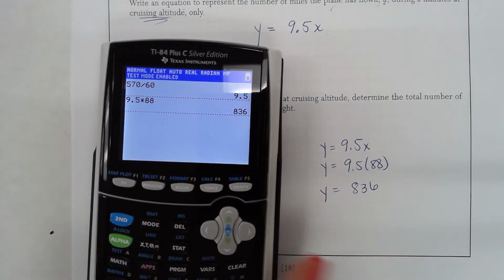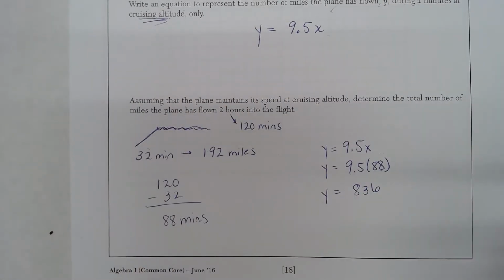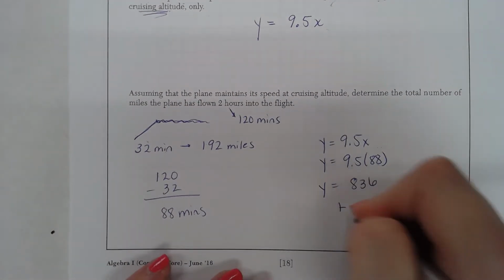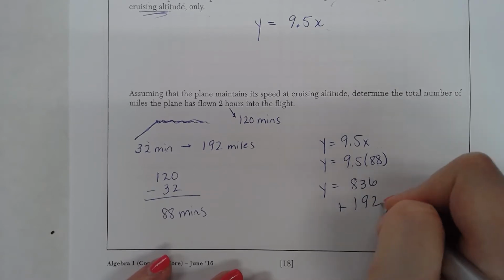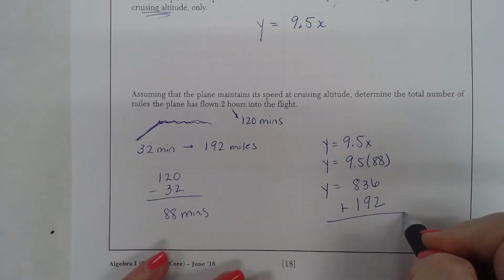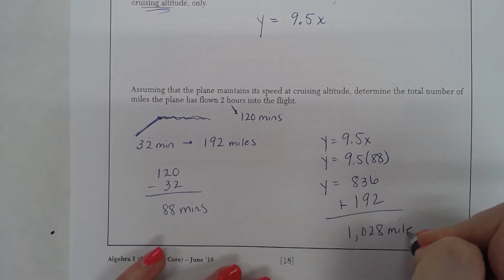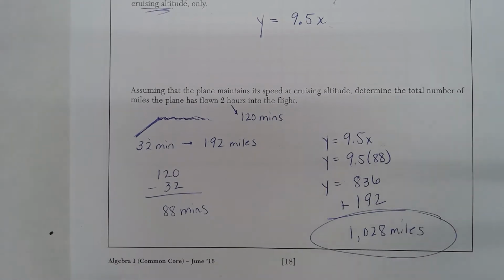Now remember, that's how many miles I went at cruising altitude. I have to add to that the 192 miles I spent gaining altitude. Add those up, it's a total of 1,028 miles. Big reading question here. Hopefully that makes a little more sense now.